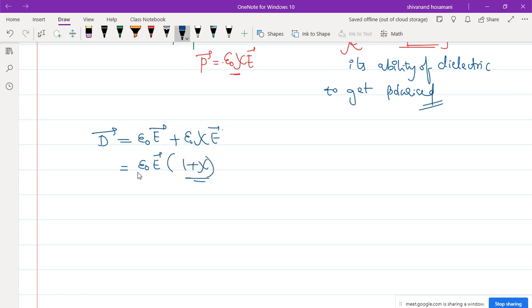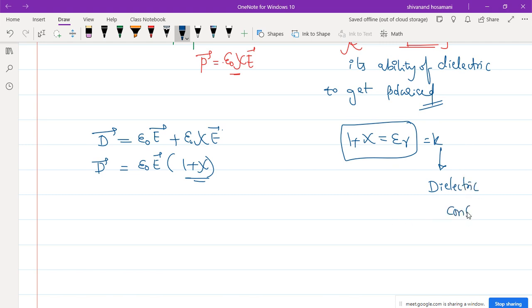So this 1 plus chi is defined as epsilon r, or it is called K. K is called the dielectric constant, or it is also called relative permittivity.